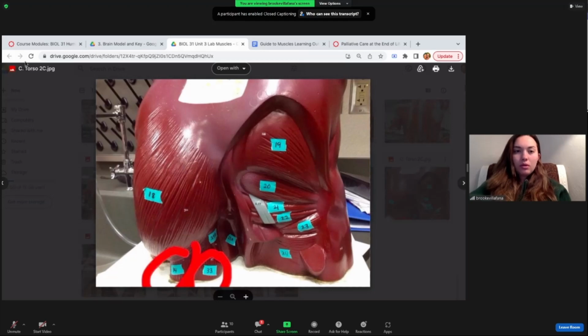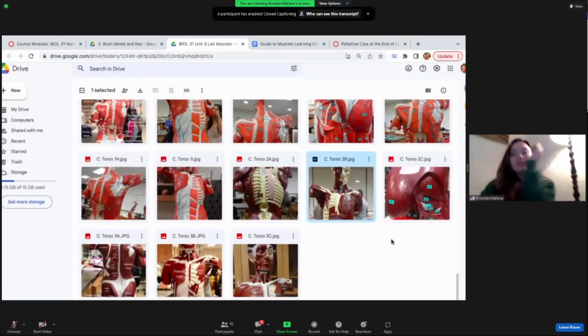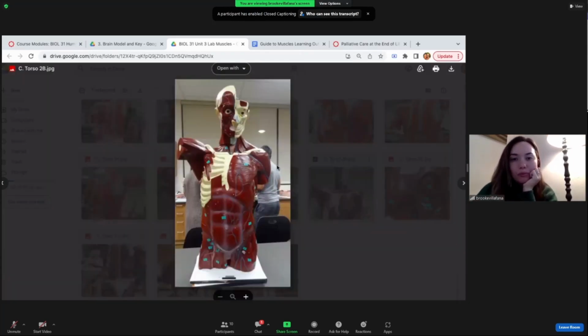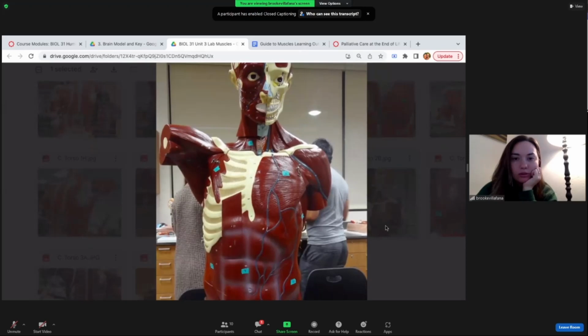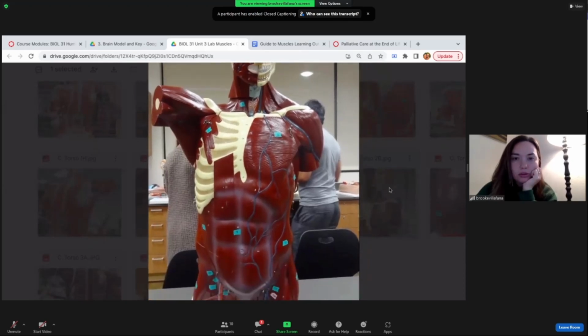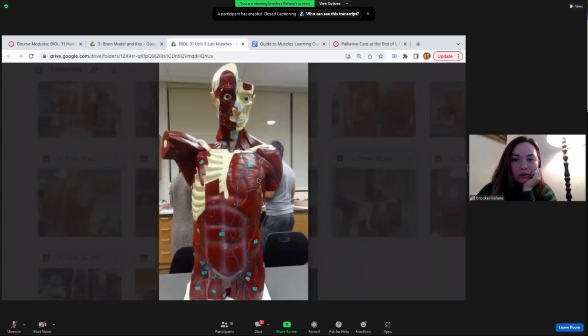Okay. All right. So front of this model, and then we'll look at the little torso and then move on. So for the front, let's see if I can get this a little closer. Almost had it.